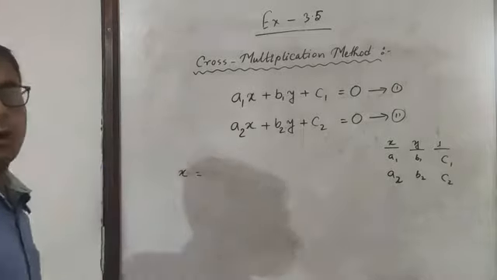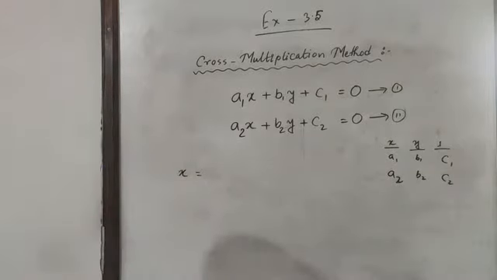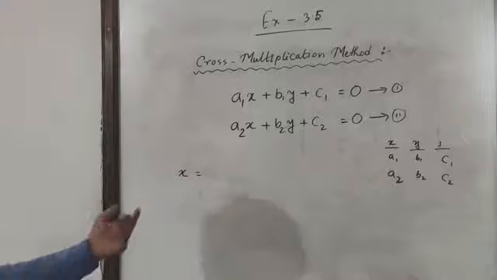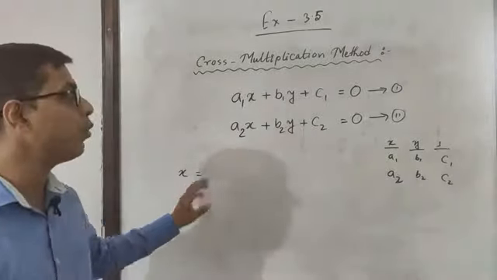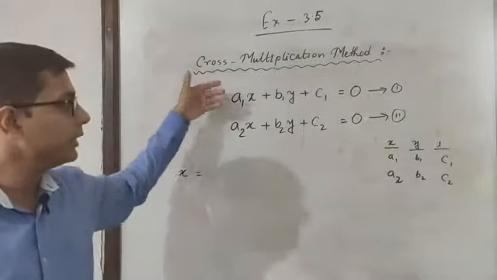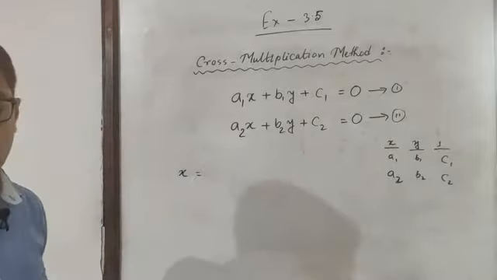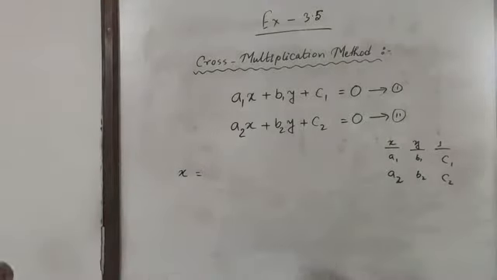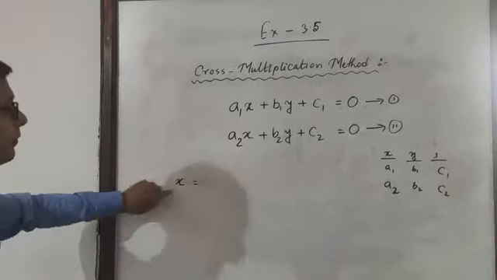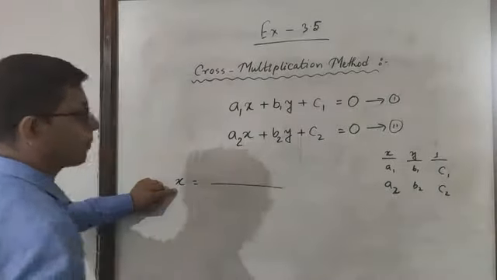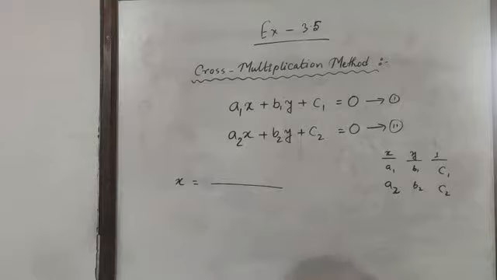A simple trick I am going to show you: how to get the value of x and the value of y by the cross multiplication method. The way is simple, you can remember. It's a very simple trick.